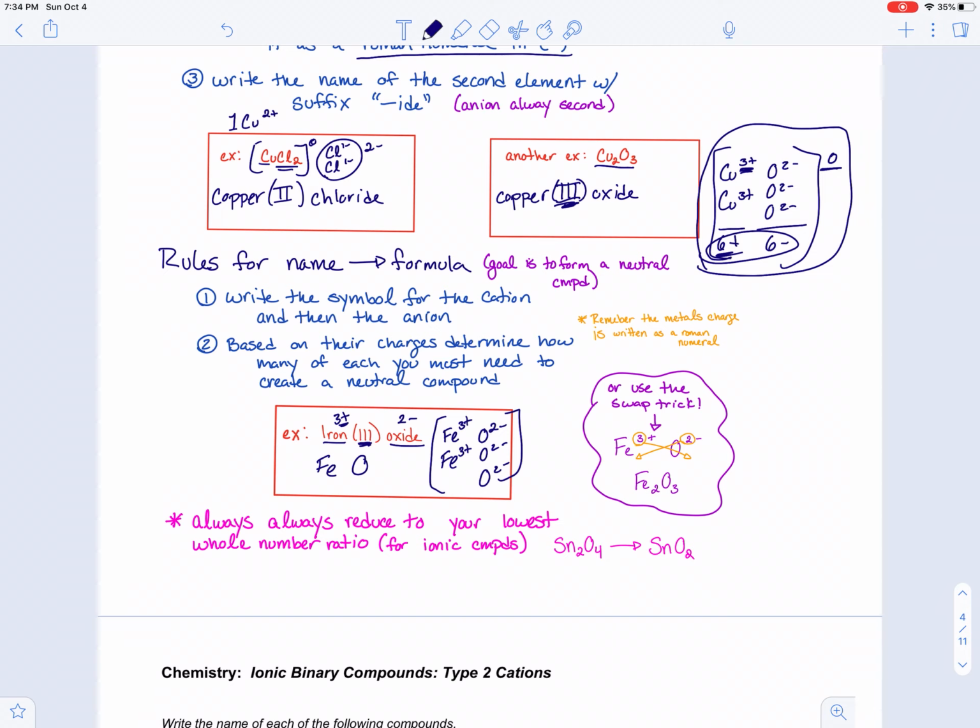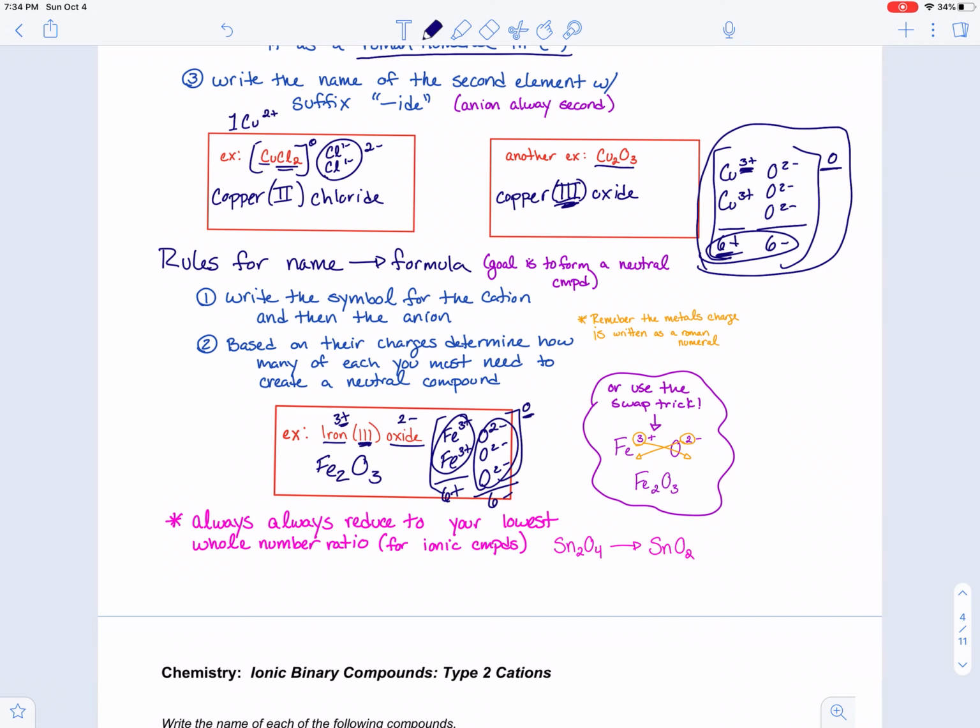And basically you're trying to get to your lowest common denominator. So I'll need 3 oxygen to get to a 6 minus charge. I need 2 iron to get to a 6 plus charge. And now I'm at a net neutral charge. So I needed 2 of my irons and 3 oxygen in order to make it neutral.